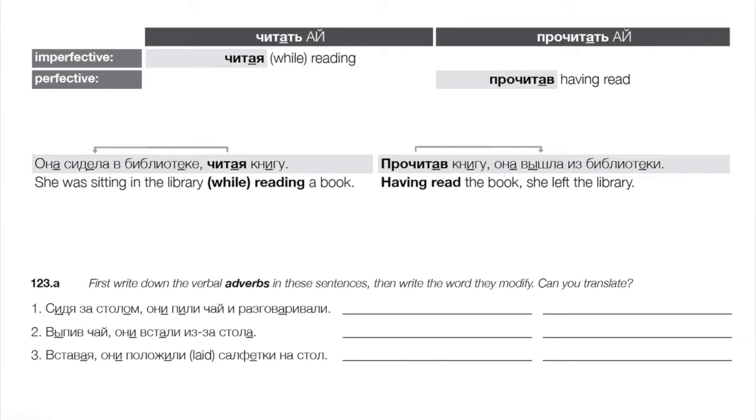But again, for learning purposes, in terms of comprehending the Russian, it's very nice to throw in that while because it makes very clear how this adverb is working in the Russian. We'll see an example here in just a moment. Okay, and finally, perfective, from the perfective прочитать, we get прочитав, having read. And here the having is really crucial. There's really no other way to translate this. Having read, прочитав.